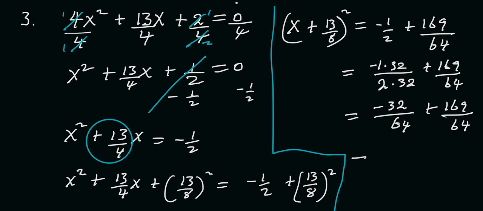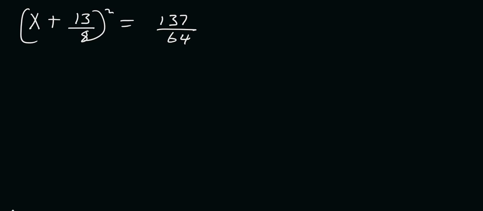So, and when we do, we're going to have 9 minus 2 is 7, and 6 minus 3 is 3. So that gives us 137 over 64. So now it means that x plus 13 over 8 squared is equal to 137 over 64.